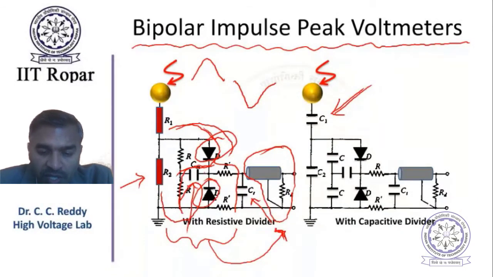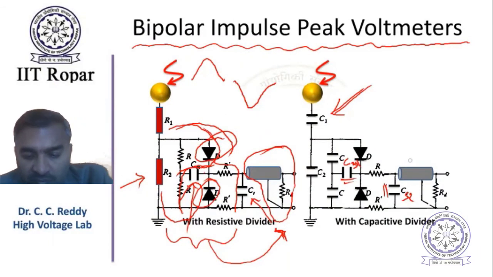So here you can see the circuit is exactly similar. Again, you can write CM or CS2, CS1. This is CS2, or this is CS1. So these two capacitors are similar to the capacitors that we have seen.